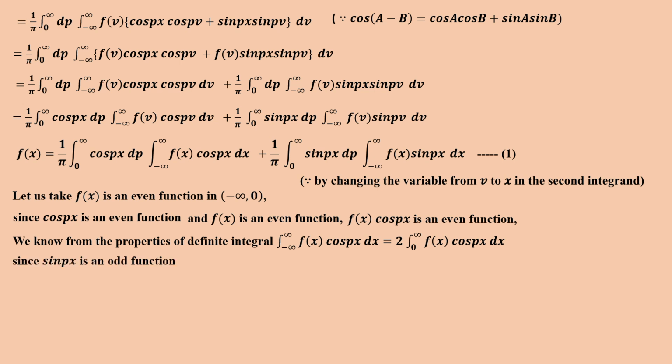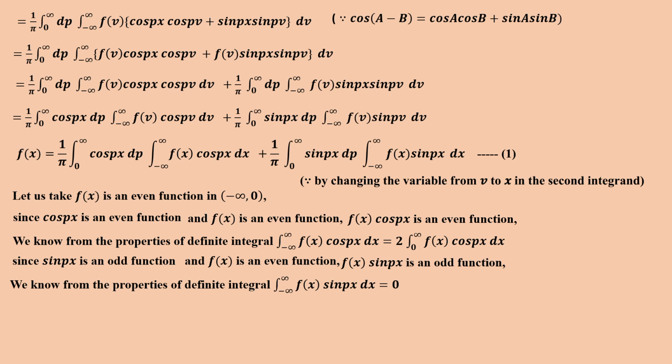Since sin px is an odd function and f(x) is an even function, an odd function into an even function gives an odd function. So f(x) sin px is an odd function. So from the properties of definite integrals, the integral minus infinity to plus infinity f(x) sin px dx is equal to 0.